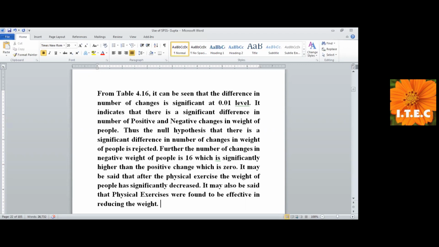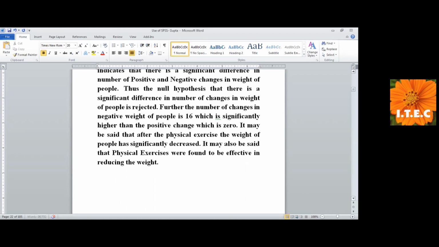Is it all right? Do you want me to take another example where the change is not significant?